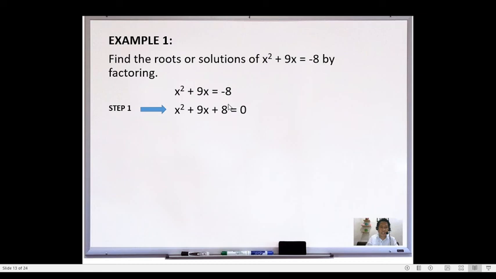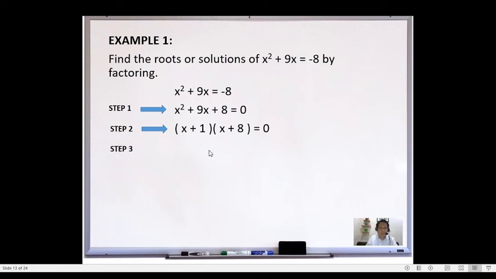This is already the standard form. For step 2, we are going to factor now. So the factors of x squared plus 9x plus 8 is equal to 0 are x plus 1 times x plus 8 is equal to 0.